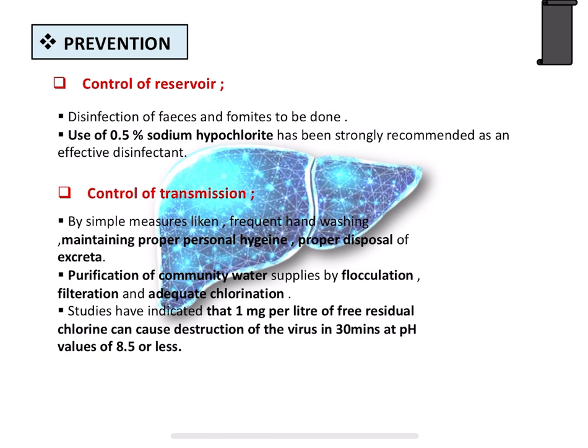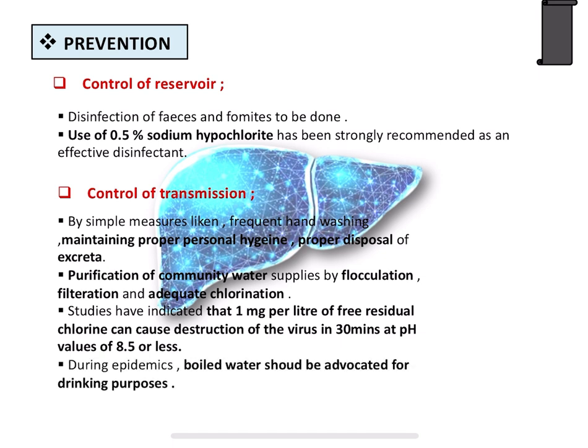You can check it out in the playlist. And we see that 1 mg per liter of the free residual chlorine will cause the destruction in 30 minutes. Once the free residual chlorine is found to be 1 mg per liter, it will destroy the virus in 30 minutes at a pH value of 8.5 or less.